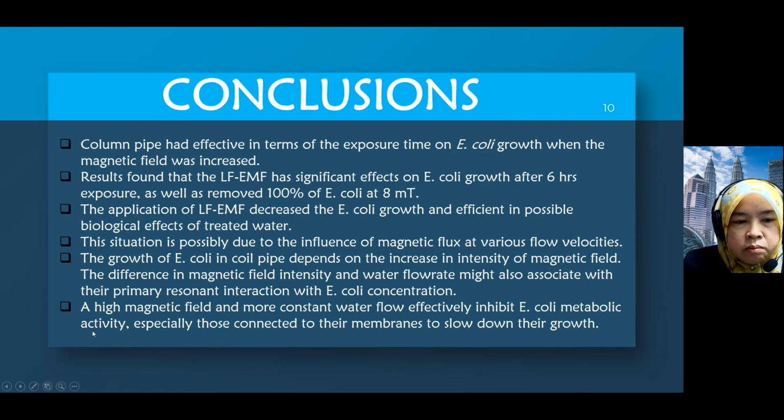The difference in magnetic field intensity and water flow rate might also be associated with the primary reason for the change in E. coli concentration. A high magnetic field and more constant water flow effectively inhibit E. coli metabolic activity, especially those connected to their membranes, to slow down their growth.